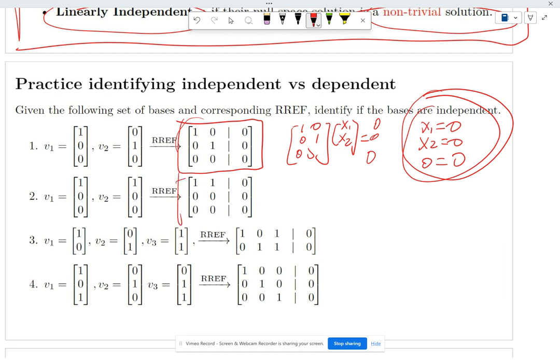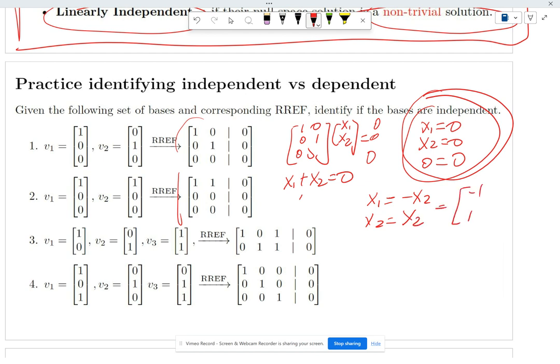Over here, the REF, you can see that it has a free variable in there. So this becomes x1 plus x2 equals 0. Therefore, x1 is equal to minus x2, and x2 is equal to x2, which gives minus 1, 1 times x2. So this one has a non-trivial solution.